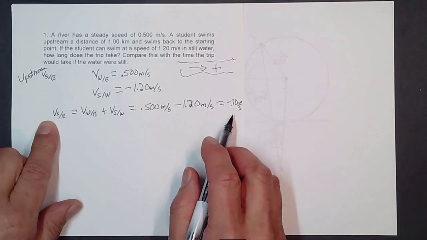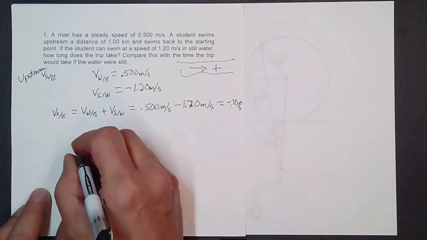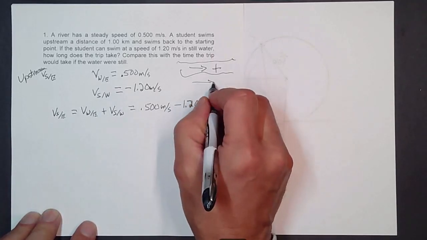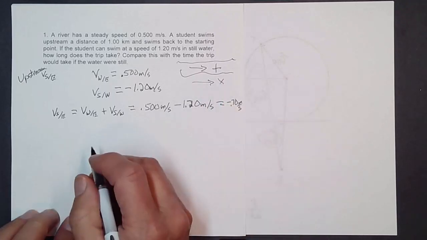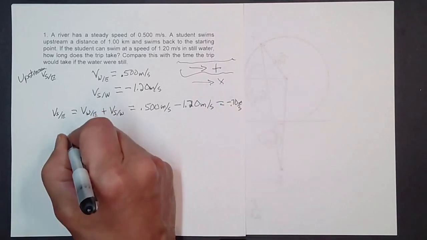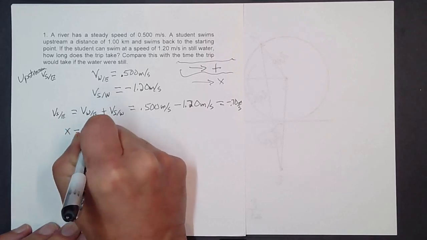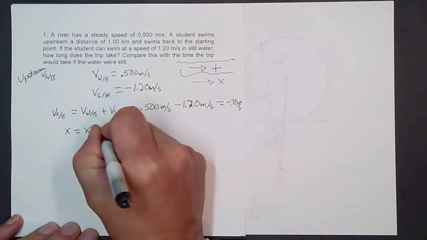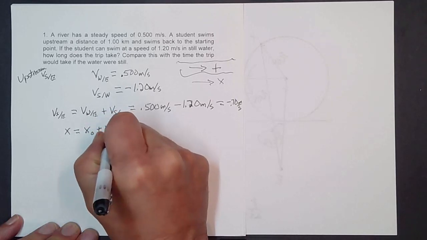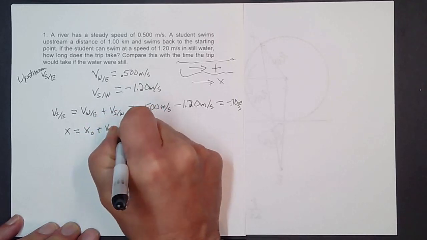This is constant velocity, so we can say that if we let this be the positive x direction, x will equal x naught plus the velocity of the swimmer with respect to the earth times t.